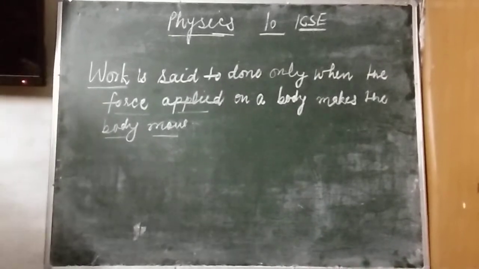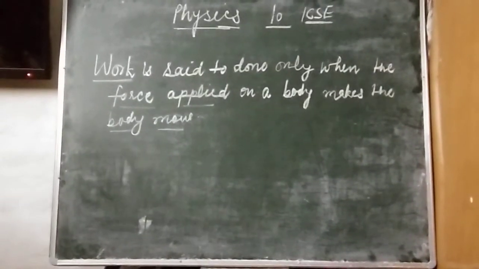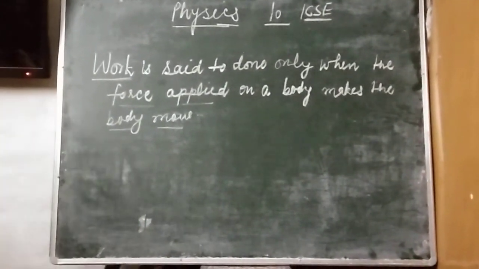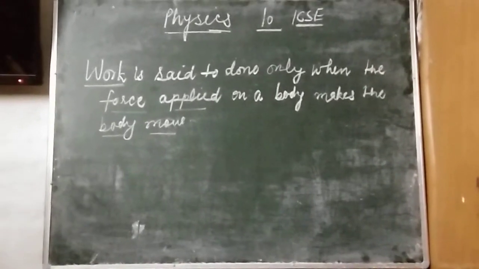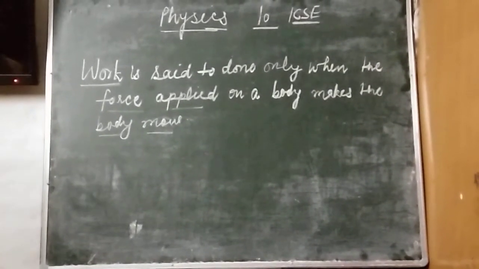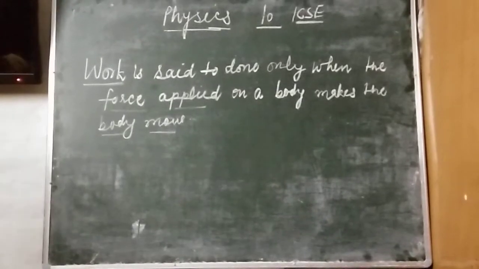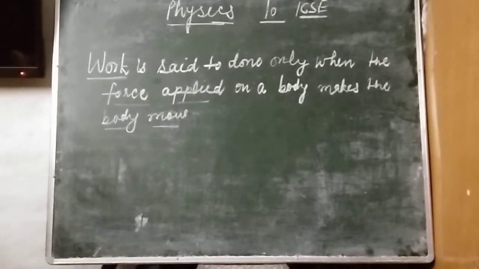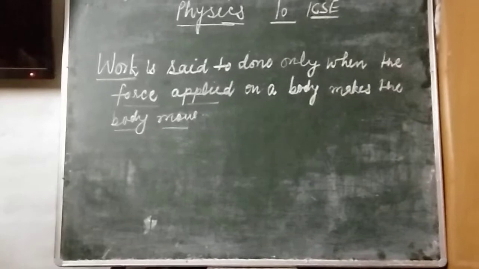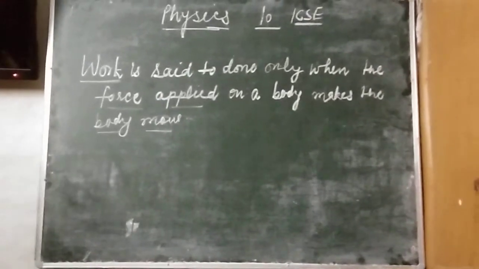For example, if we push a car, apply force and the car starts moving, it means work has been done. Same way, if we push a wall, the wall will not move. However much force we apply, the wall will not move. It means in physics the work is zero.